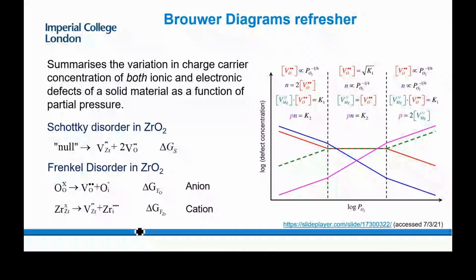And so you can then generate, from your knowledge of the type of defects, both intrinsic, as in Schottky and Frenkel, and extrinsic defects, so those that you introduce into your system, the regimes and the relationships in the Brouwer diagrams. And that then gives you a prediction of how the various different species concentrations will change as a function of PO2. Okay? So then you know what your defect regime is, what your key charge carriers are.